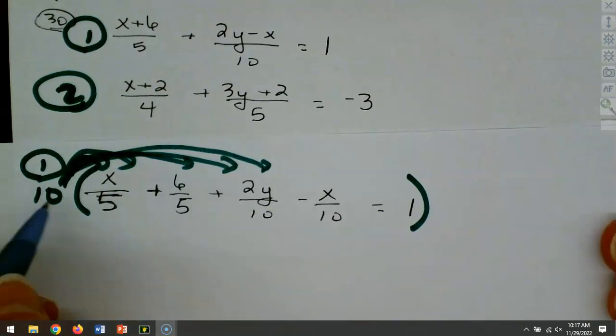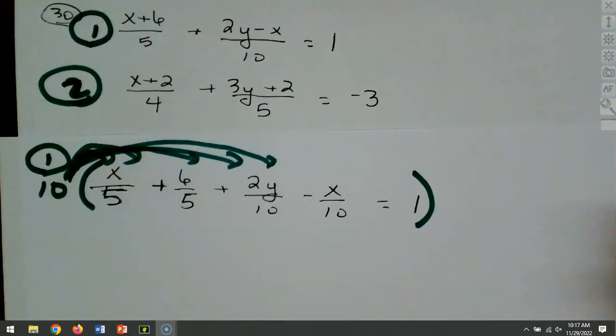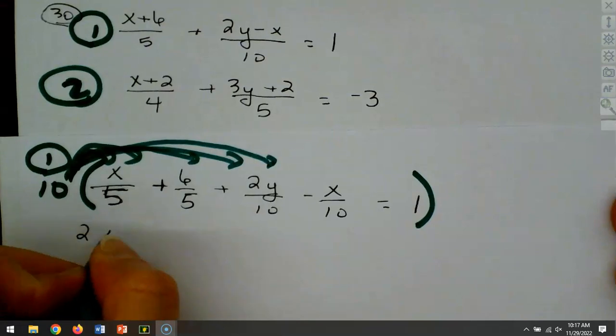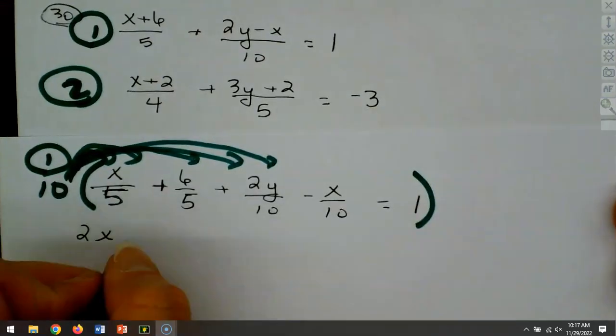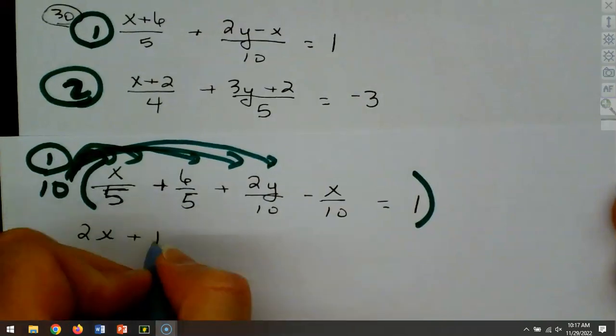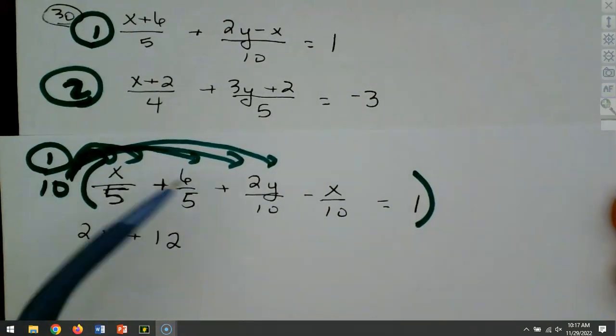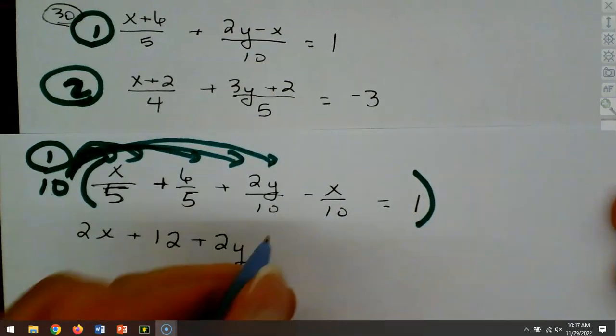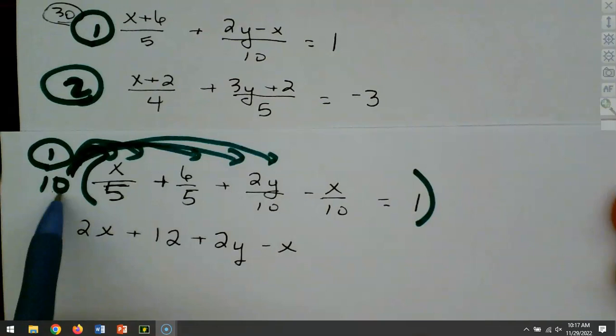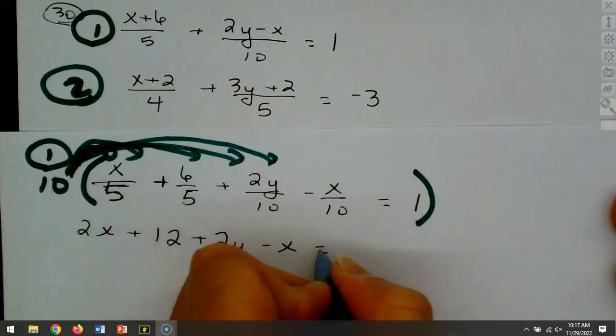And 10 divided by 5? Well, 10 divided by 5 makes it a 2. So that's a 2x there. 10 divided by 5 is 2, times 6 makes it 12. 10 divided by 10 is gone, so that's a 2y. 10s are gone there, minus x. And 10 times 1 is a 10.